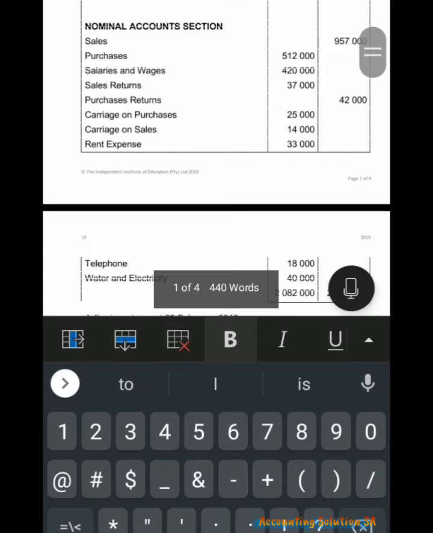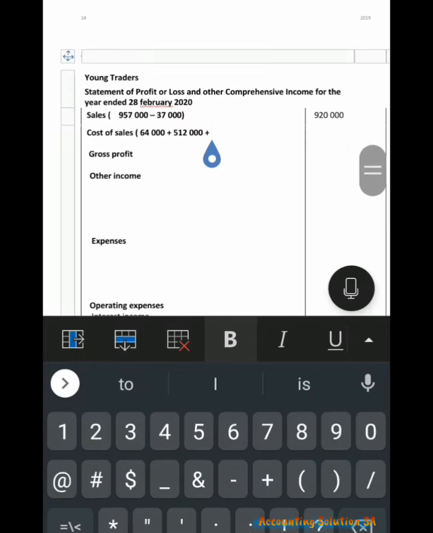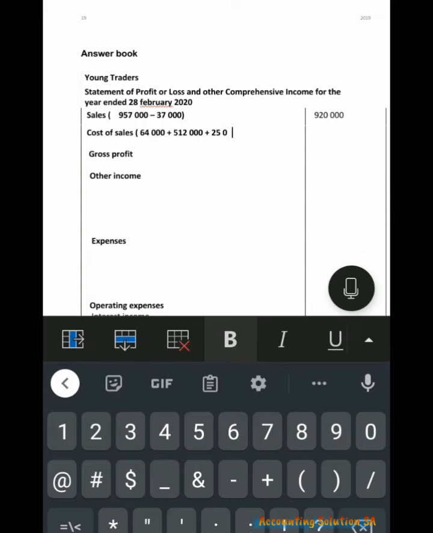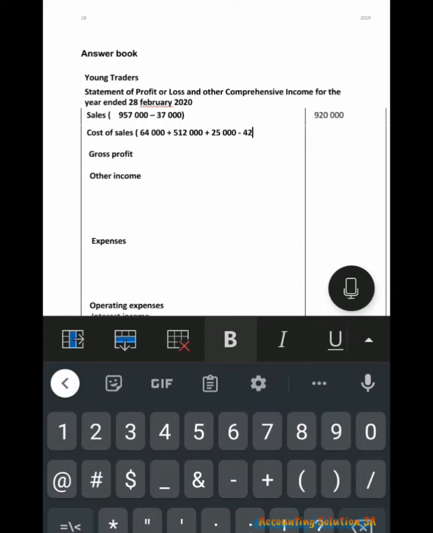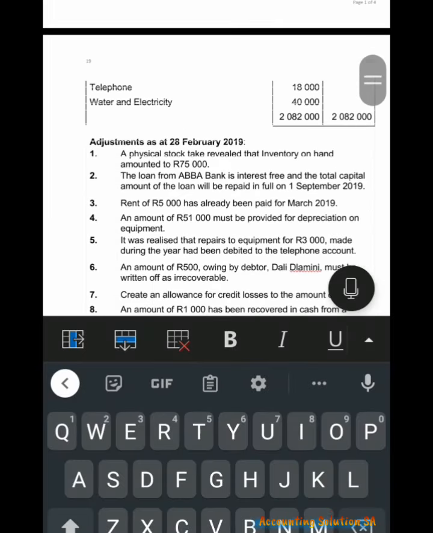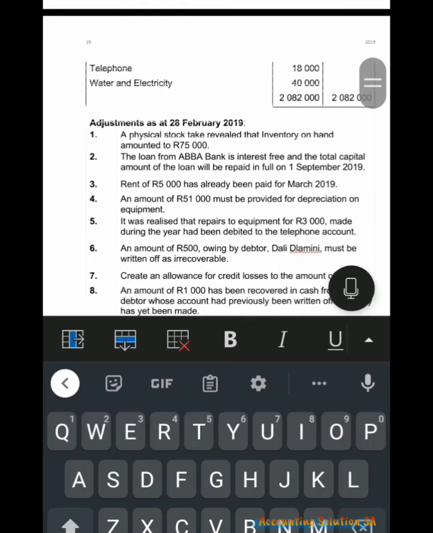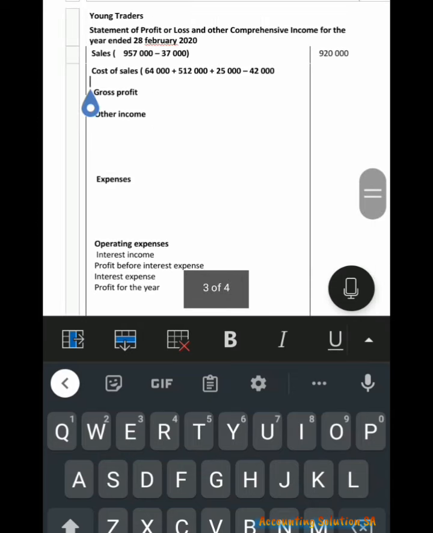Lastly we have to deduct the amount of inventory at the end of the year, which in this case we identified is 75,000.